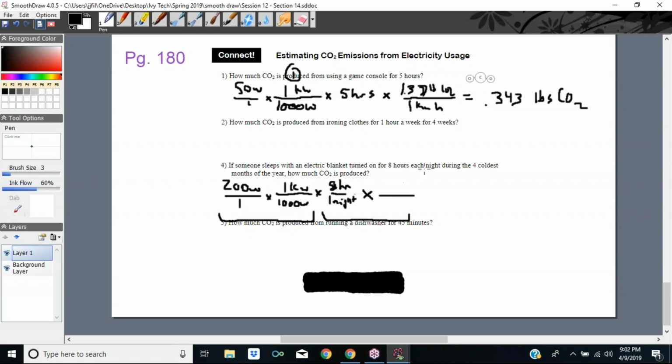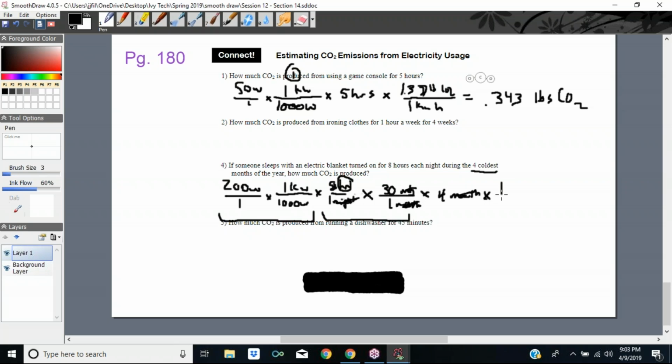So we want to know how many nights are in the 4 coldest months. So we just say on average there are 30 days in a month. So 30 nights in 1 month. We need 4 months, and that gets rid of all these time units. Nights cancel out and months cancel out, and all we're left with is hours.